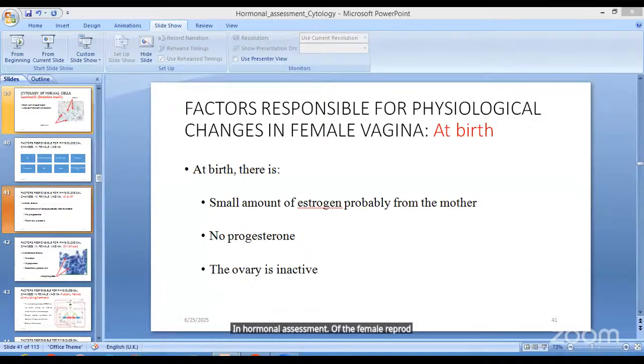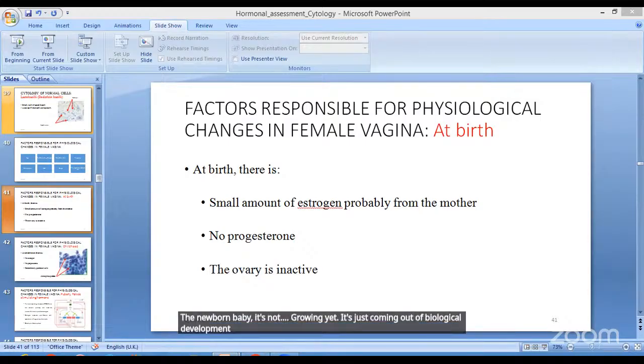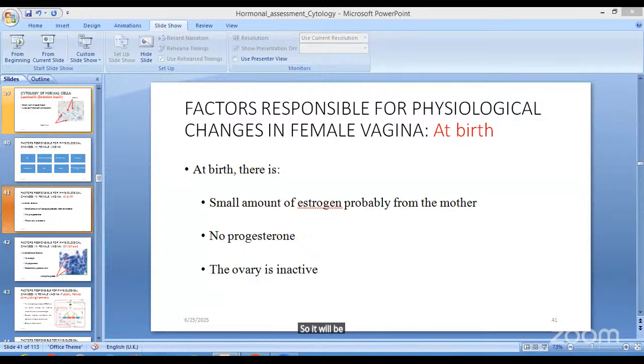At birth, there is a small amount of estrogen, probably from the mother. The newborn baby is not grown yet. It's just coming out of embryological development to full term, so it will be birth. After birth, you expect to find some elements of maternal material in the baby.